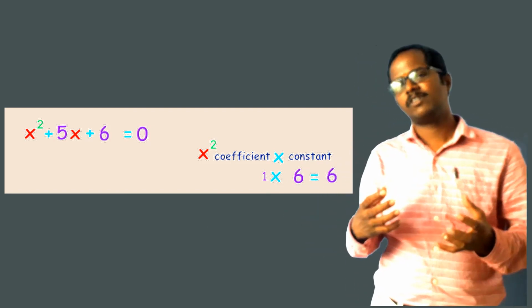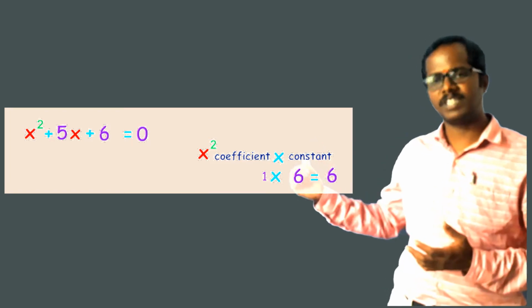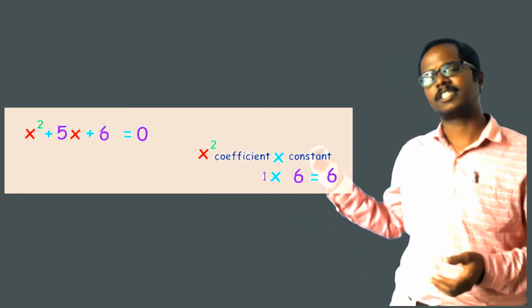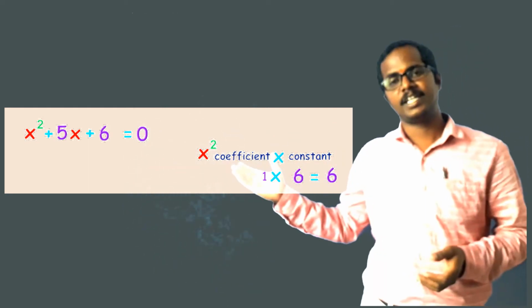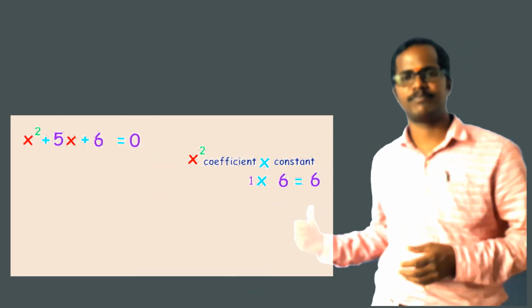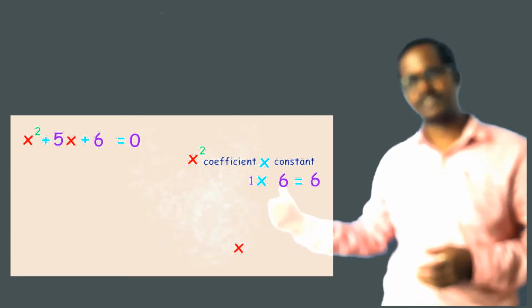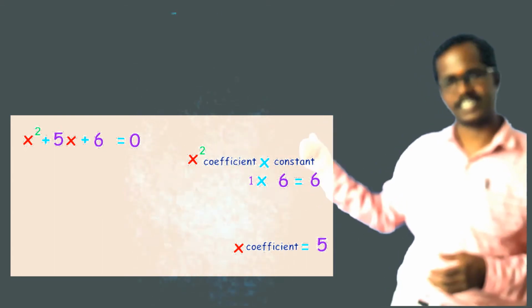Now we need to take the factors of this 6 such that the sum of these factors is also equal to the x coefficient. So what is the x coefficient? It is 5. So the x coefficient is 5 and the product of the x square coefficient and constant is 6.